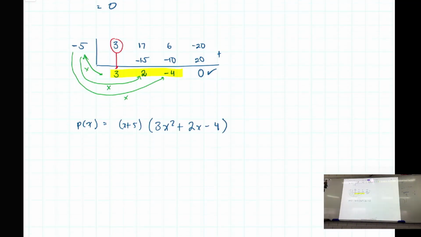And then I will take this as a quadratic and solve it. How do we solve that? Two numbers that multiply, so we got 3 times minus 4 is minus 12, and also add up to 2.